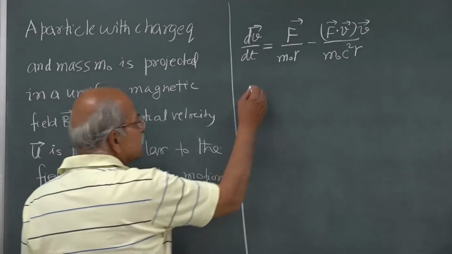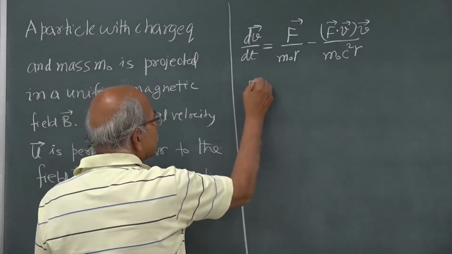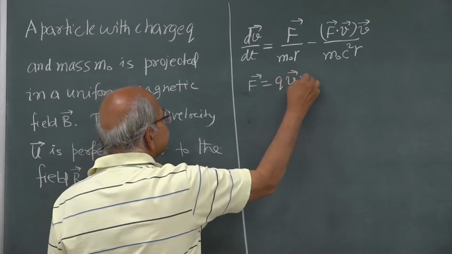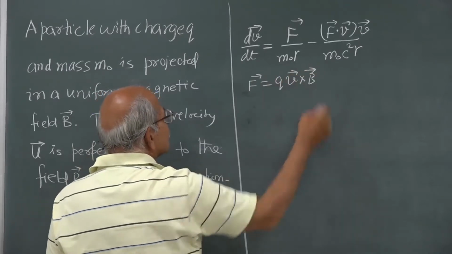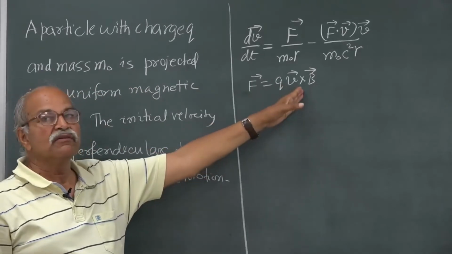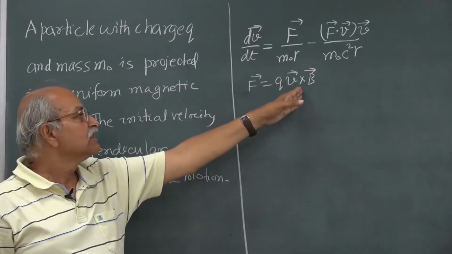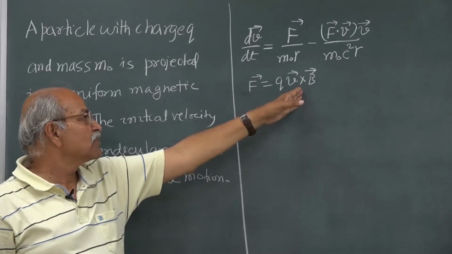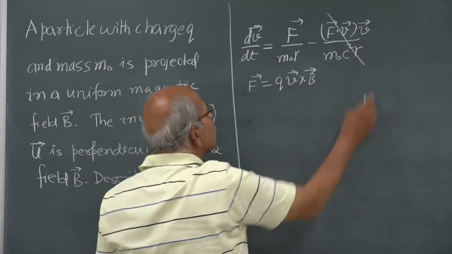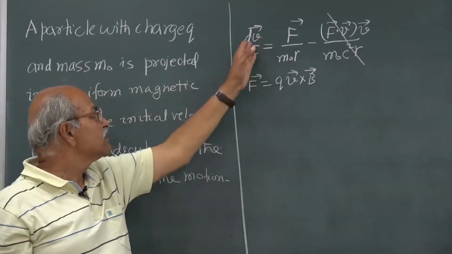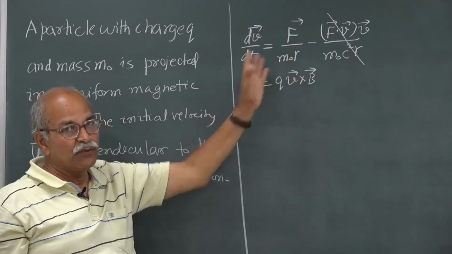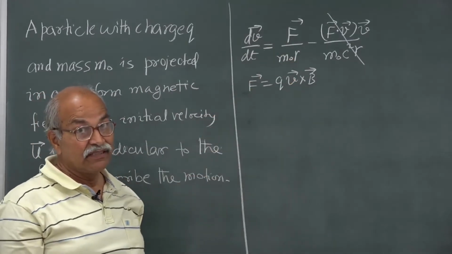So, the velocity and force are perpendicular all the time. F is q v cross B. So, force is perpendicular to the velocity and also perpendicular to the magnetic field. Since force is perpendicular to velocity, this term will be 0, and you will have a simple relation dv dt is f divided by m naught gamma. So, that is one great simplification.